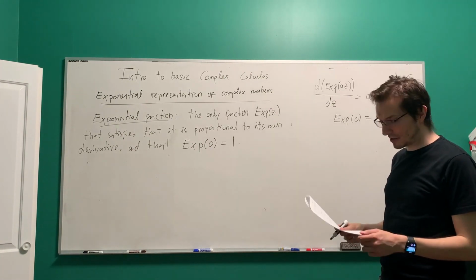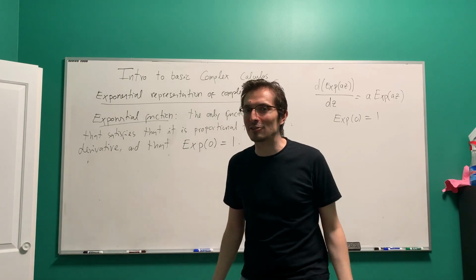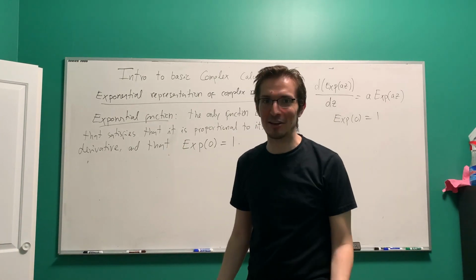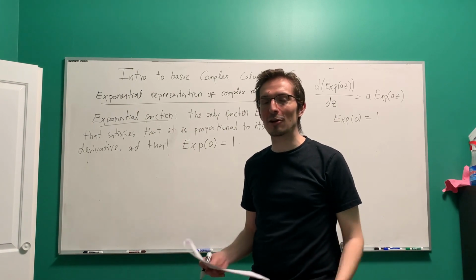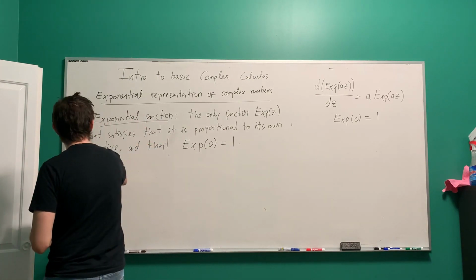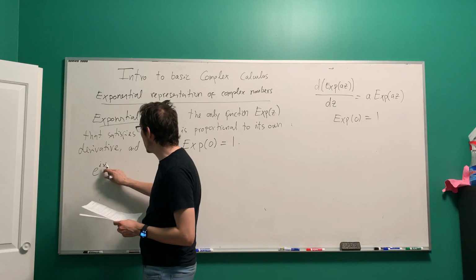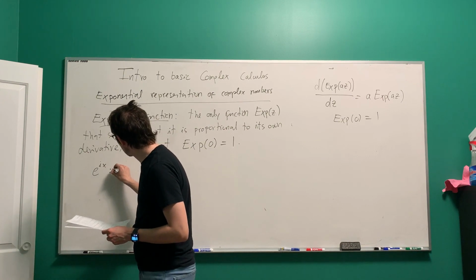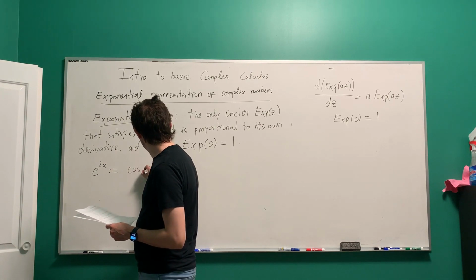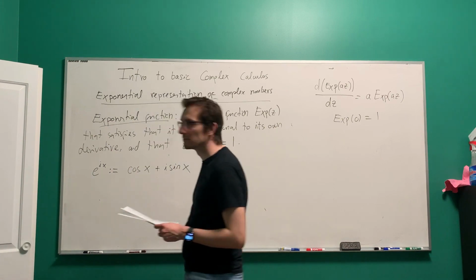Now, with this definition of exponential function, let me propose to you. Right now, you know how to do exponentials of real numbers. I'm going to extend that to exponentials of imaginary numbers now. So how do I do the exponential of i times a real number? Let me define e to the ix as the cosine of x plus i times the sine of x.